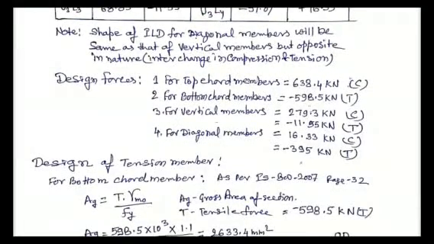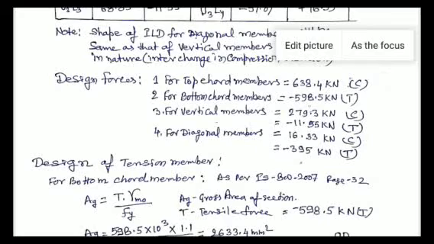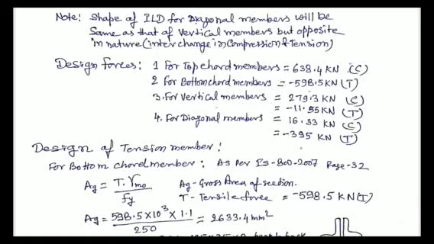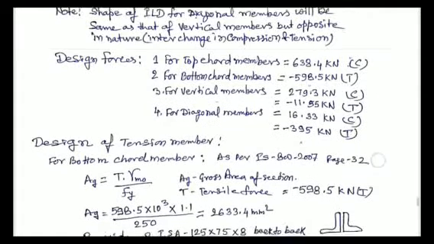Now design forces. So we will select the worst forces for designing the members. So for top chord members, the worst force is 638.4 kilonewton of compressive nature, and for bottom chord members, because all the loads are of tensile nature, this load is 598.5 kilonewton of tensile nature.